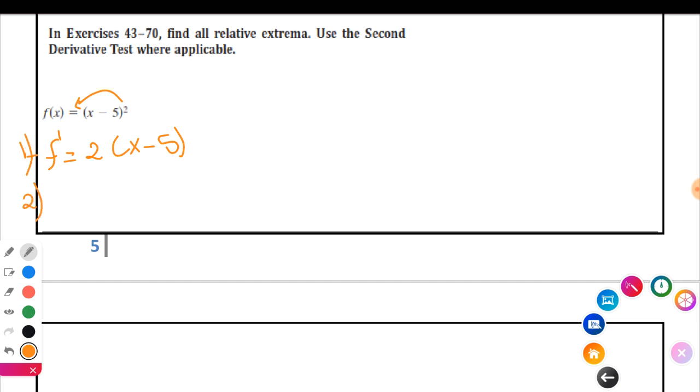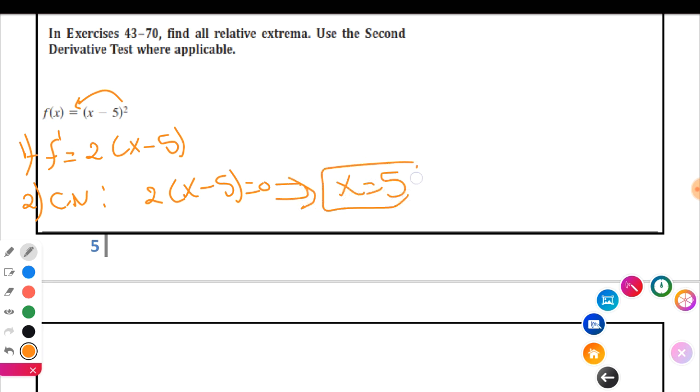Second one, find the critical number. It will be 2 multiplied by (x minus 5) equals 0, which implies x equals 5. Is it in the domain of the function? Yes, it is in the domain; I forgot to tell you, the domain is all real numbers. So that is the critical number.